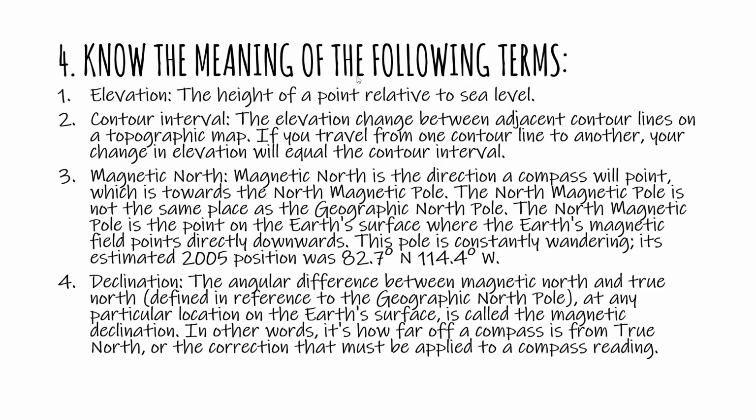Then we have the contour interval. The contour interval is the elevation change between the contour lines. As we said, between one line and another there's 50 feet. That is a contour interval. If you travel from one contour line to another, your change in elevation will equal the contour interval.